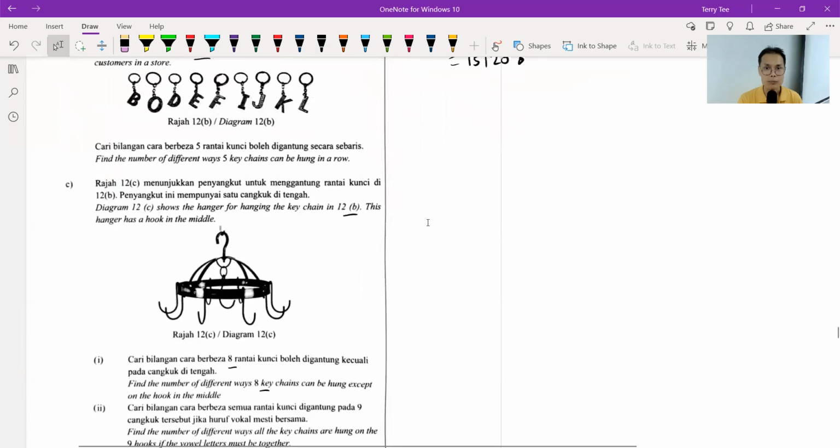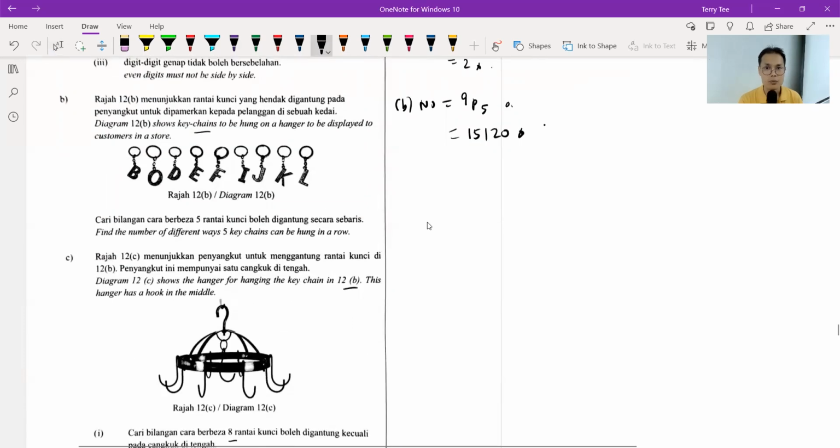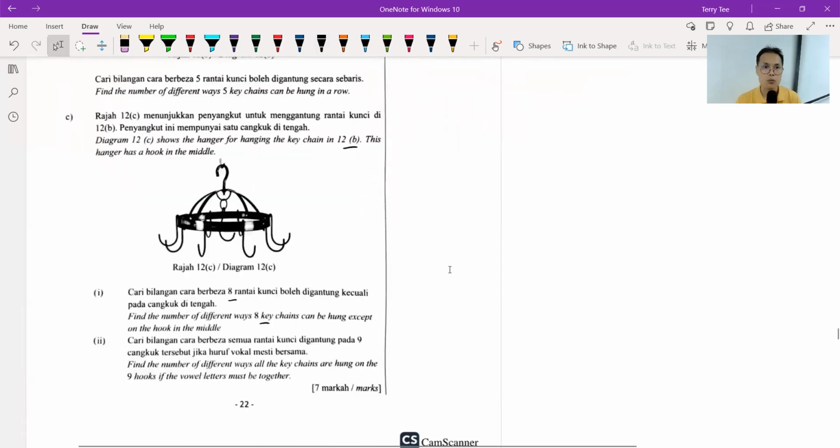Now previously you can think this way: out of 9, I choose 5, then I arrange them. I hope you know that 9C5 times 5 factorial is actually 9P5. But here, we don't choose all because we only have 8 places to put a keychain. The middle one we can't put. So maybe I say out of 9, I choose any 8. After I've chosen 8, I need to arrange them. But here's the thing, this one is a circular arrangement.